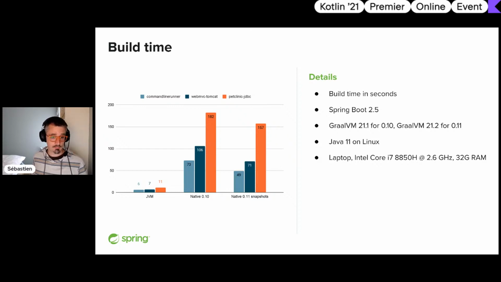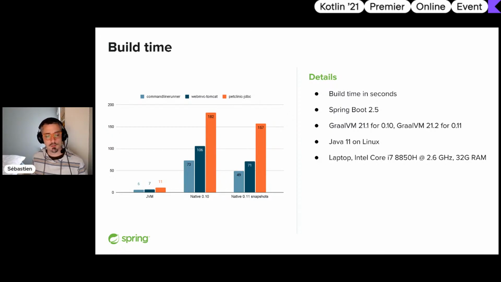So on the JVM, the build is super fast, a few seconds. On native, native 0.10 is our current last released version. So you see that it takes between 1 to 3 minutes to build. And you see that with the upcoming 0.11 release, we have made a significant improvement in reducing the build time, and even more by using GraalVM 21.3.